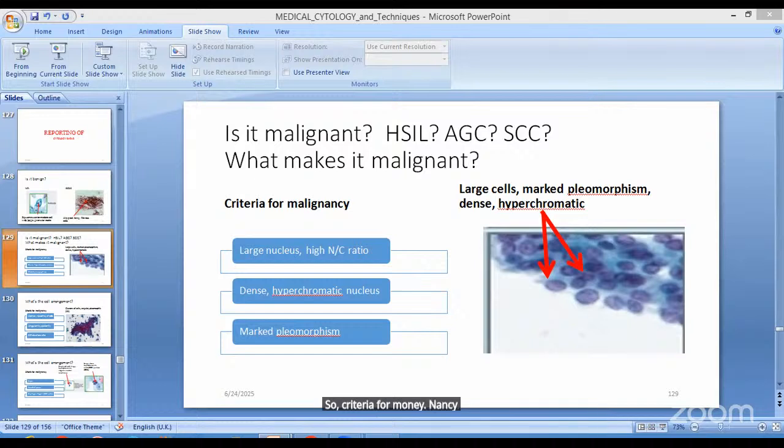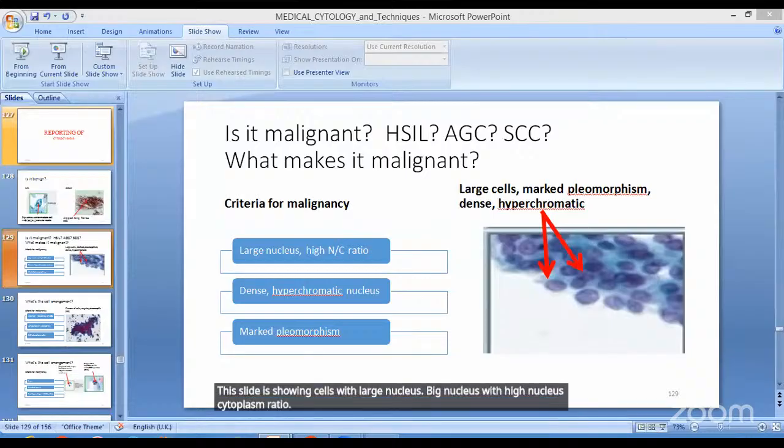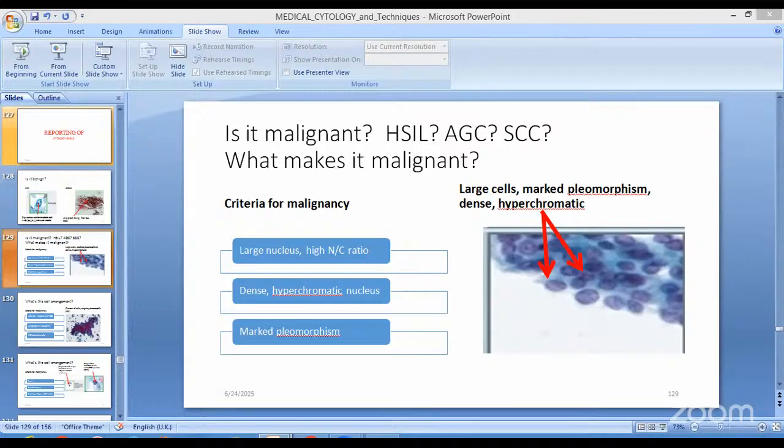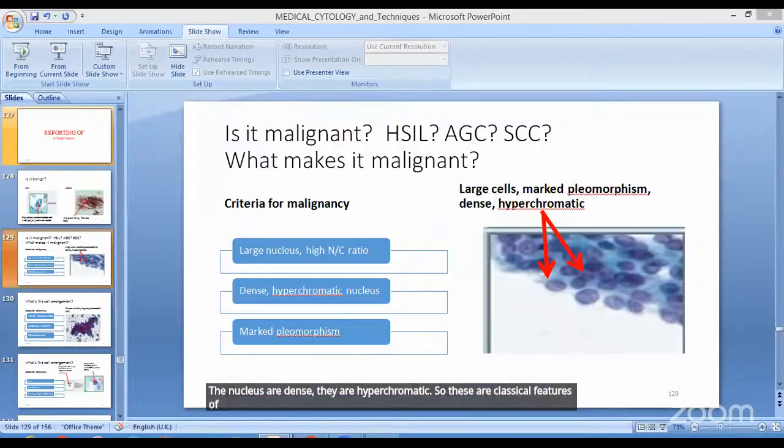Criteria for malignancy now. This slide is showing cells with a large, big nucleus with a high nucleus cytoplasm ratio. The nuclei are dense, they are hyperchromatic. These are classical features of malignancy.